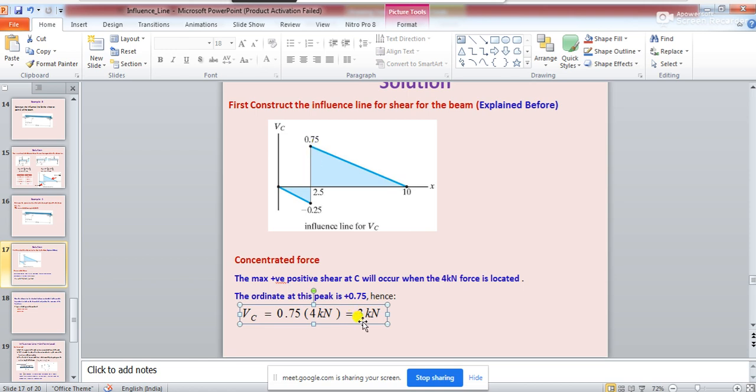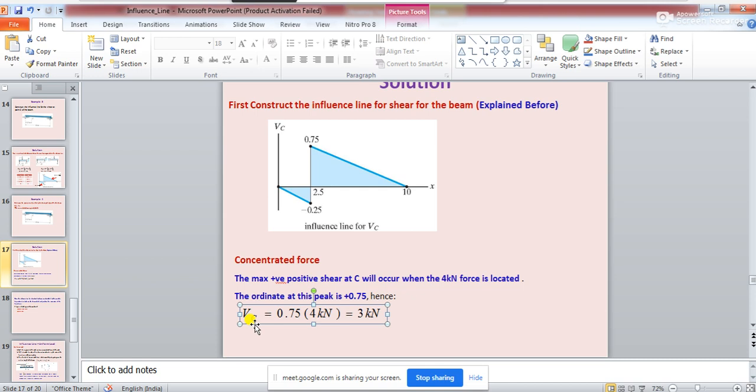Here you notice one thing. When we wrote this value for this influence line, we just mentioned 0.75 without any unit. But when we talk about VC, the maximum shear force because of the 4 kilonewton load, that time I bring the unit into account.